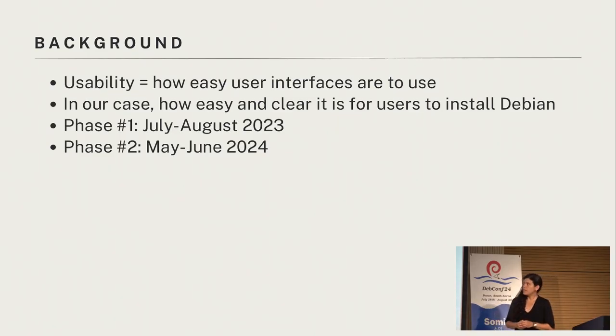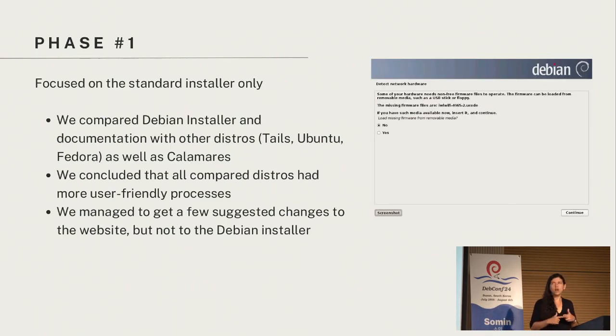So the phases of the study: first, last year, between July and August 2023, and this is the second phase, between May and June 2024. In phase 1, we focused on the standard installer only. The task was asking the users to go to the website and find the image to download, the default image, which was the netinst installer.